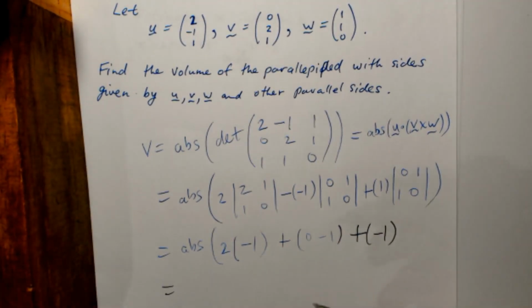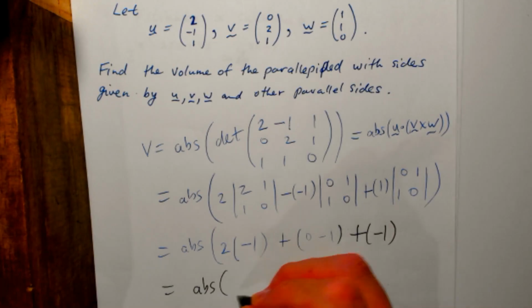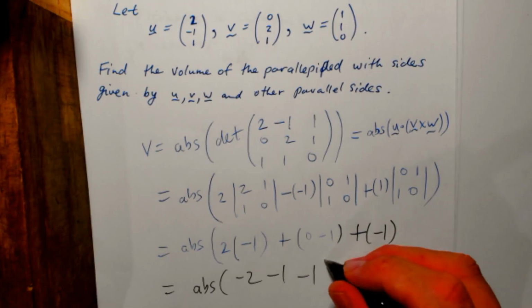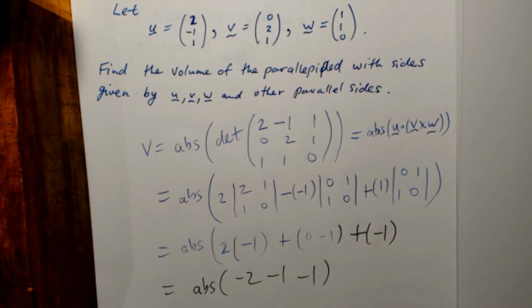Okay, great. So this is the absolute value of minus 2, minus 1, minus 1. Hang on, I'm just double checking this.